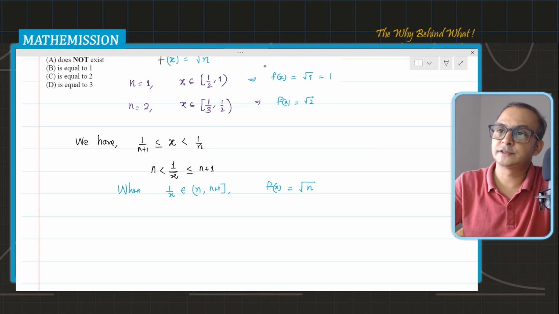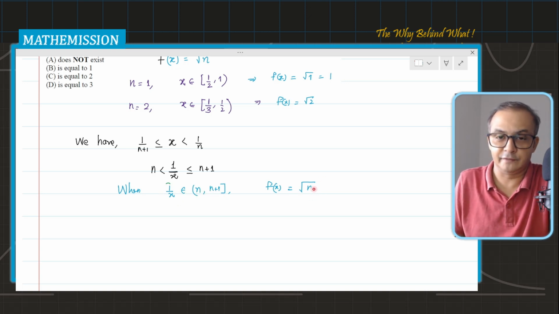So what is the meaning of this? The idea is that whenever I am setting this 1 by x from n to n plus 1, I have to take the left end as the square root of this n value, under the square root, I have to take the left end of this interval.